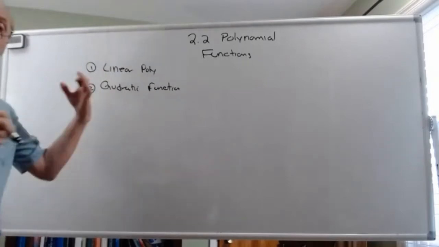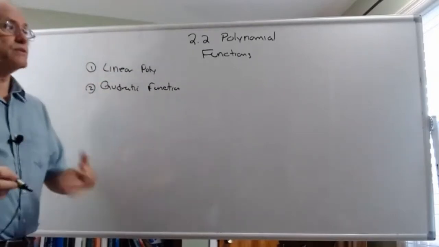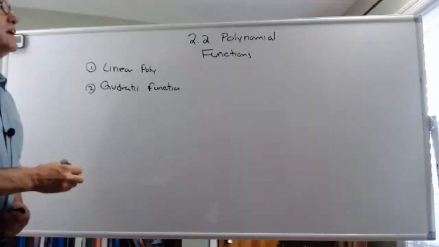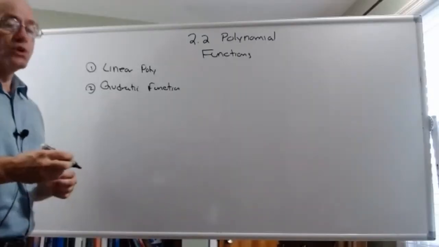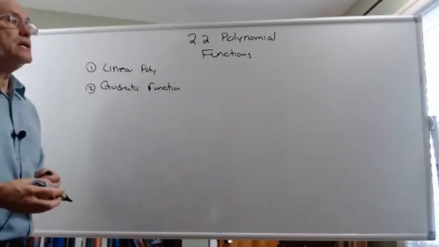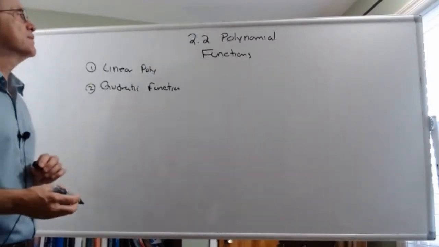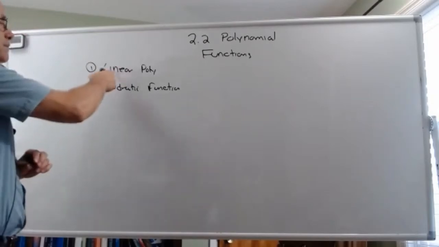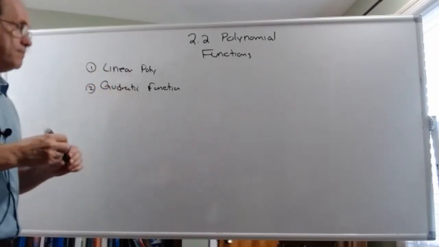And there's others, such as third degree, cubics, quartics, quintics, etc., all different degree polynomial functions. And you know what a polynomial is from your previous courses. The degree is just the largest exponent in that polynomial. This is first degree, second degree, etc.